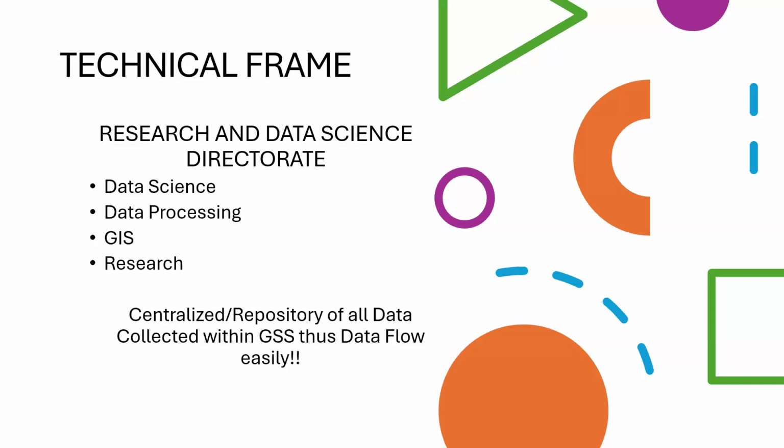And then the process of GSS activity is that every survey, every data collected within GSS is centralized and connected to the Data Science and Research Directorate. This means we don't go outside fetching for data from other units.